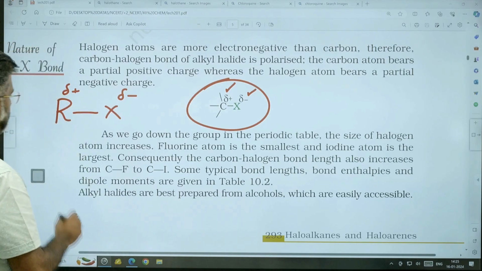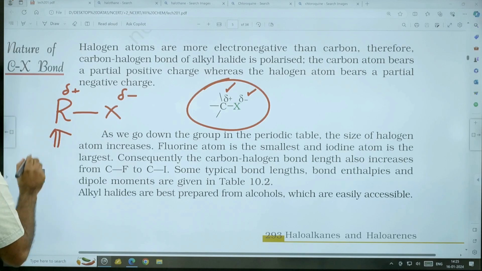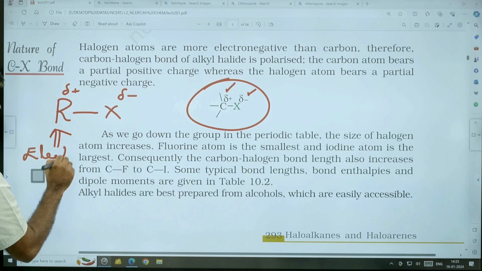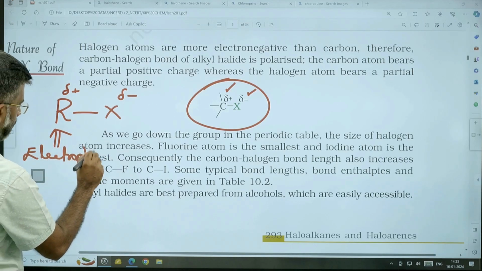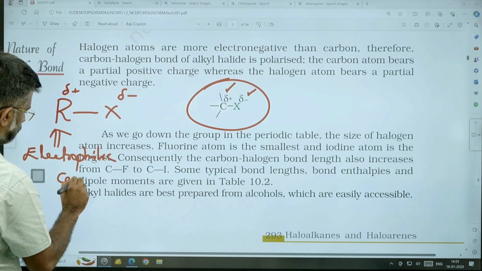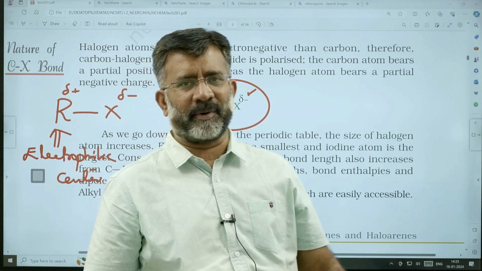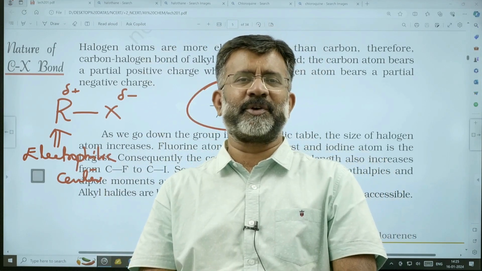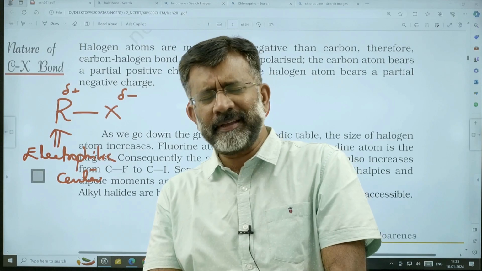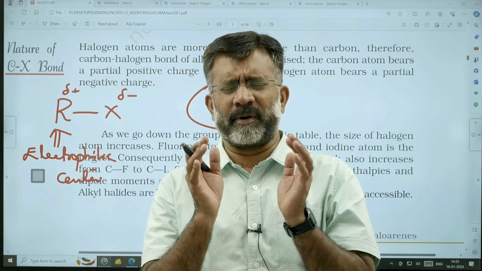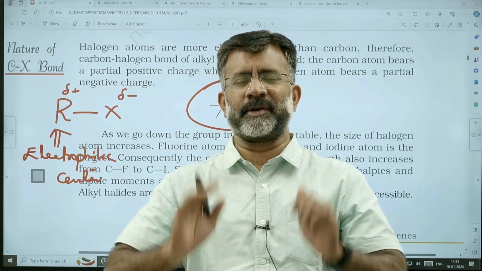There will be a delta minus here and a delta plus here. So this is in fact an electrophilic center, and highly prone to nucleophilic substitution reactions. That's why haloalkanes are highly prone to nucleophilic substitution reactions.